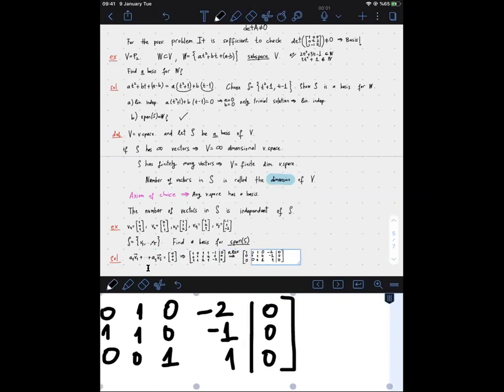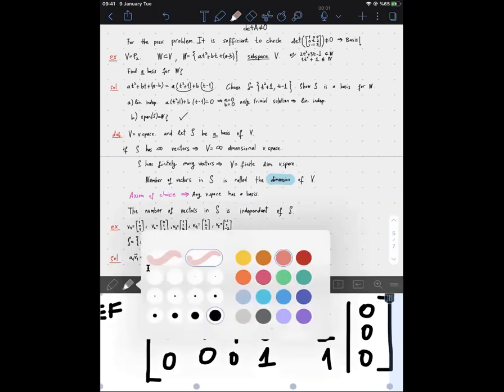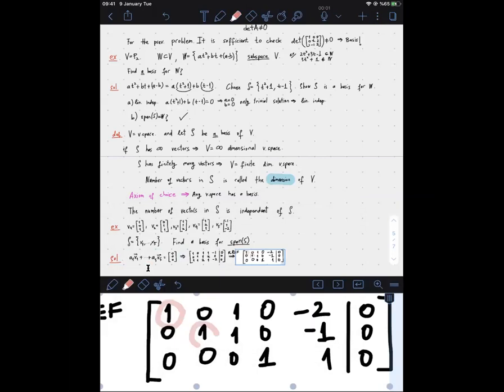Okay, let's look at this row echelon form. Which are the leading ones? Leading ones are the first non-zero entries, or first ones, in each row. So here I have a leading one, here I have a leading one, here I have a leading one.